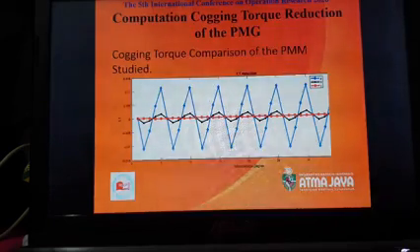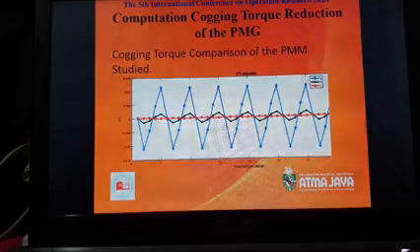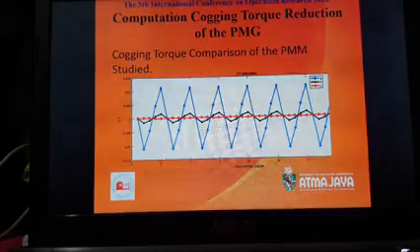on this figure, one can observe the CT reduction of the PMG is affected by the tangential flux density in the air gap. As can be seen in this picture, the CT of the PMG with magnet shaping and dummy slotting tends to reduce.